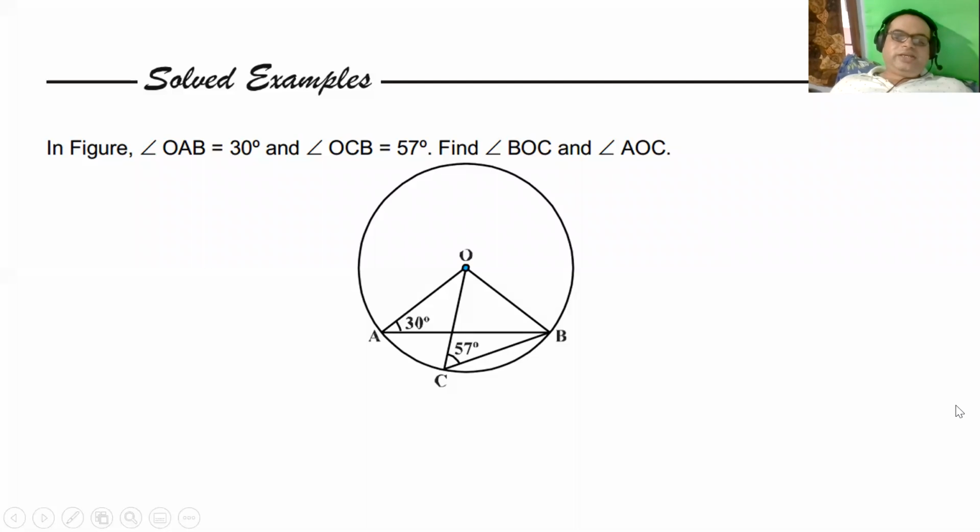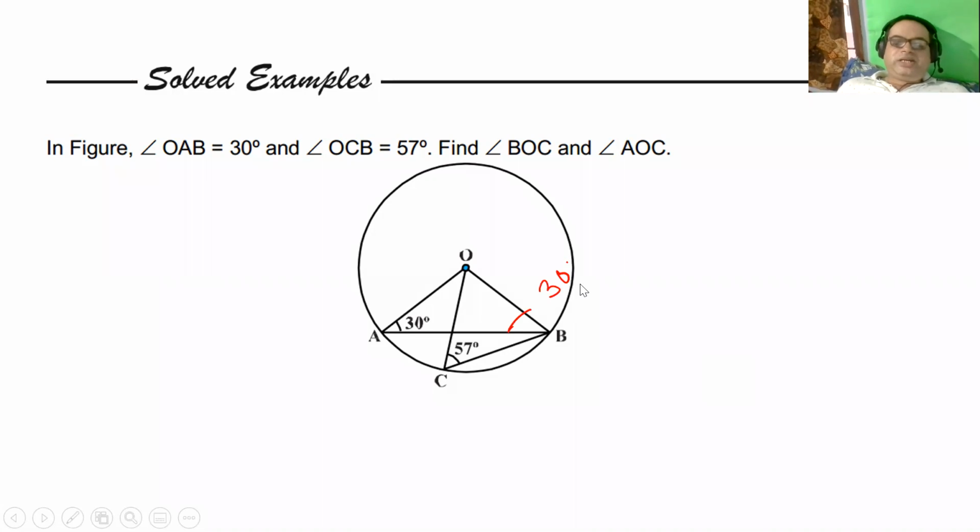So if they are the radius of the circle, this angle will become 30 degrees.